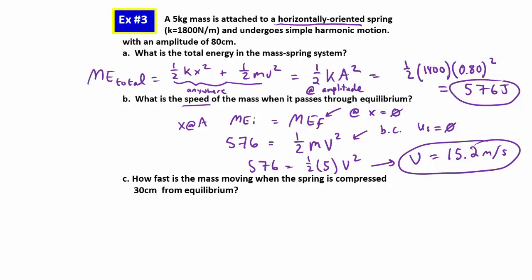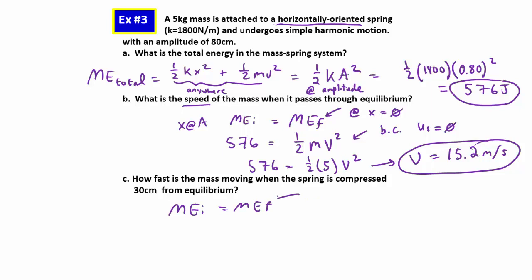All right, so now we have kind of these extremes. The next thing says, how fast is the mass moving when the spring is compressed 30 centimeters from equilibrium? So this is now at a new position where it's moving, but it also has some compression in the spring. So we're still going to use energy conservation ideas.